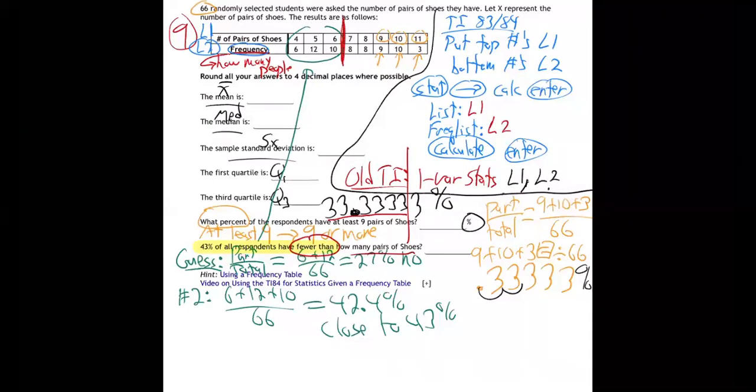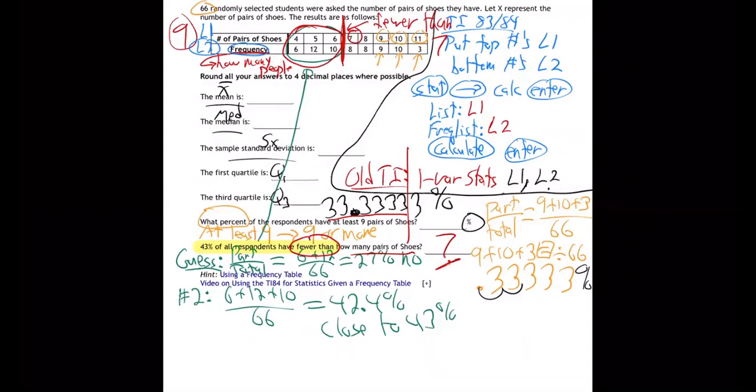Well, this group all has fewer than 7 pair of shoes, don't they? Because here's 7 pair of shoes. This group all has fewer than 7 pair of shoes. So that's the answer, 7.